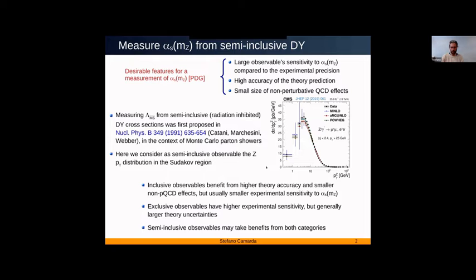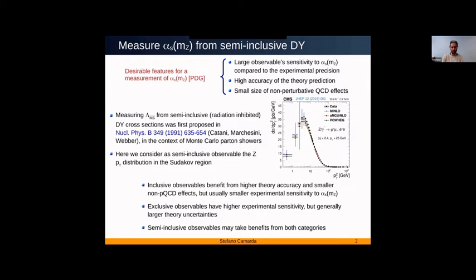If we think about fully inclusive observables, the benefit here is that we can usually have higher order theory accuracy and smaller non-perturbative QCD effects, but in general, we also have smaller experimental sensitivity. On the other hand, we have exclusive observables where the experimental sensitivity can be much higher, but in general, it's much more difficult to have high order prediction, and we can easily have larger theory uncertainties.